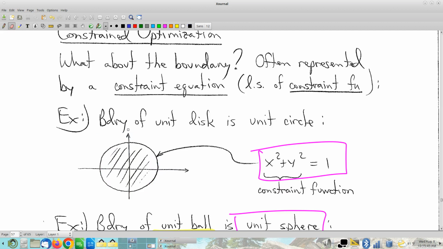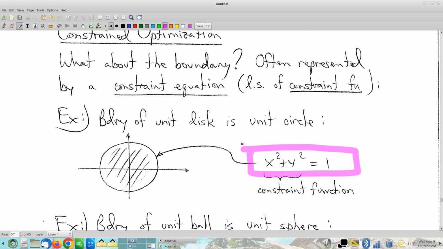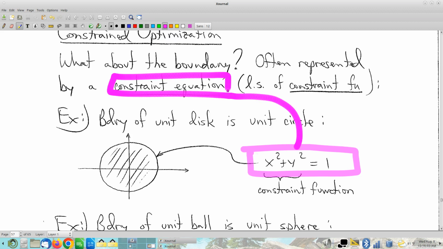All right. Okay. A little bit of terminology, and this is going to be very useful. When you have your boundary represented by an equation, that equation is called the constraint equation.